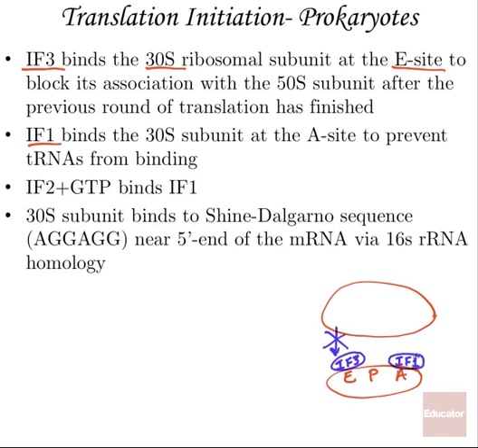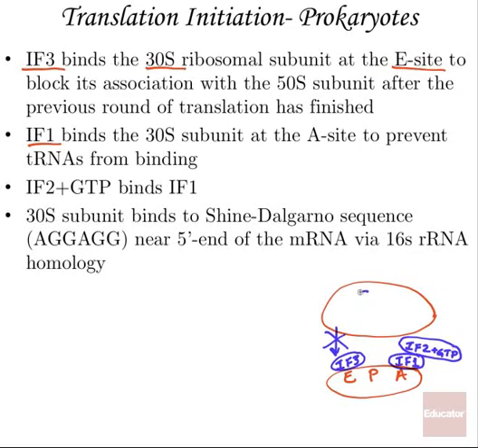Okay, and that prevents any tRNAs from binding because remember, the tRNAs are going to come in at the A site. Okay. Next, we have IF2 and GTP binding IF1. And then, finally, we have our 30S, the small subunit.